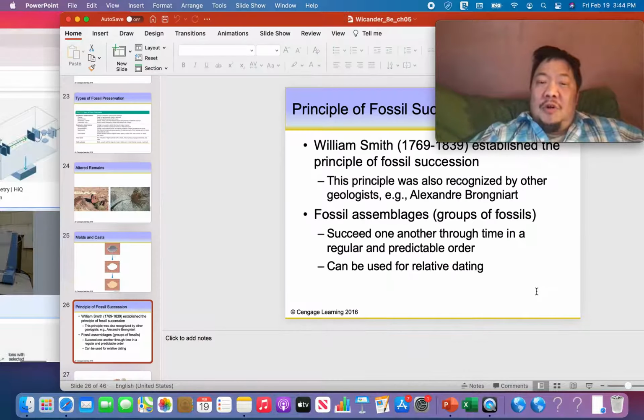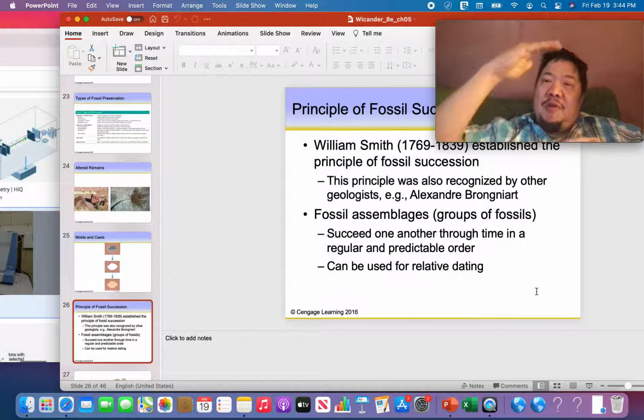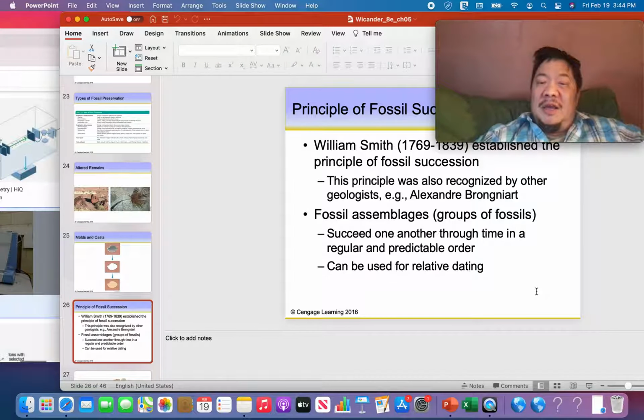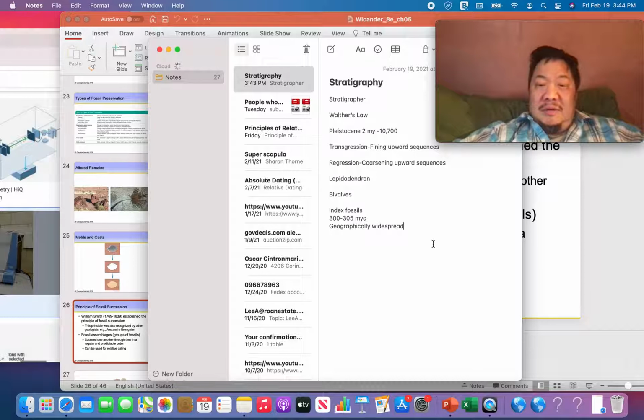So index fossils are gold to geologists, and that's what William Smith figured out: we can see the same sequence of fossils appear in the rock record at different locations. And so we can use these index fossils to date rocks at different locations, and that's what we call correlation.